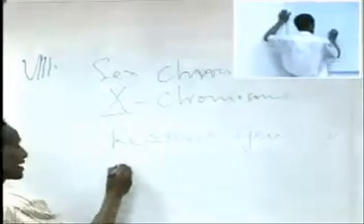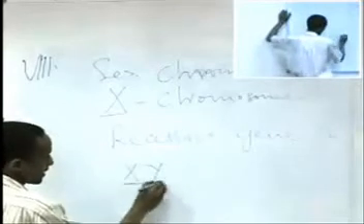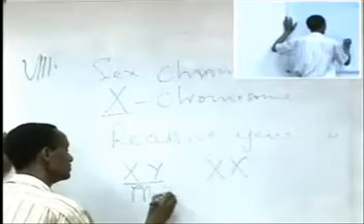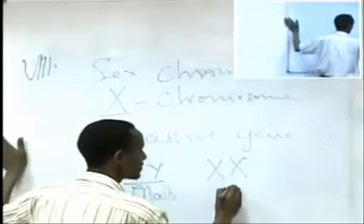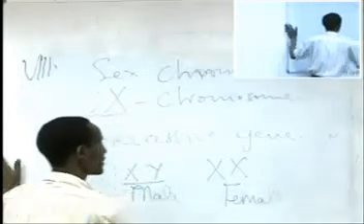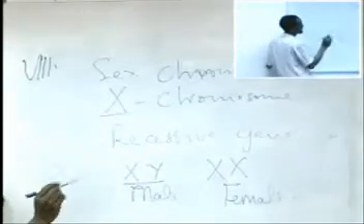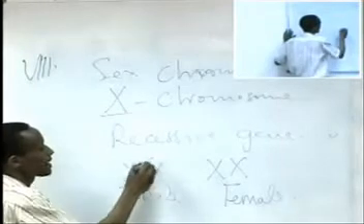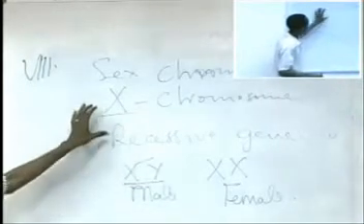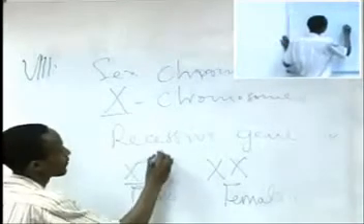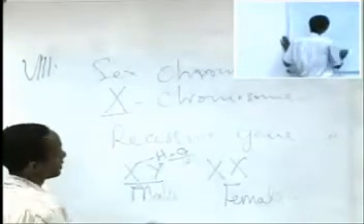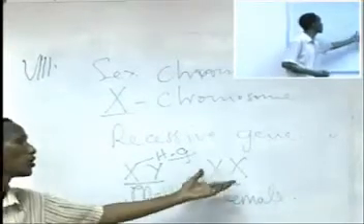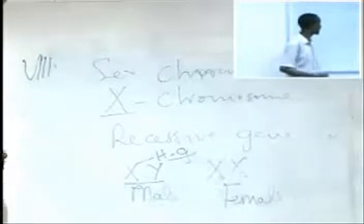Here we have X and Y, this is male, and X and X, this is female. So this hemophilia gene is carried by the X chromosome, either from the male or from the female.